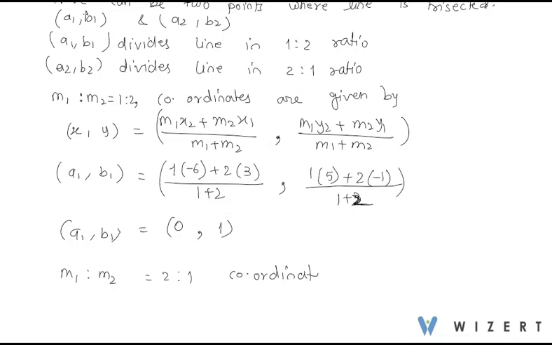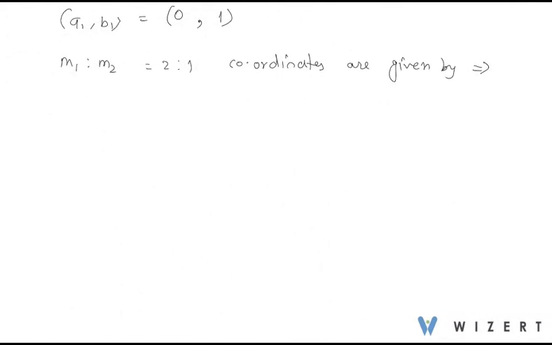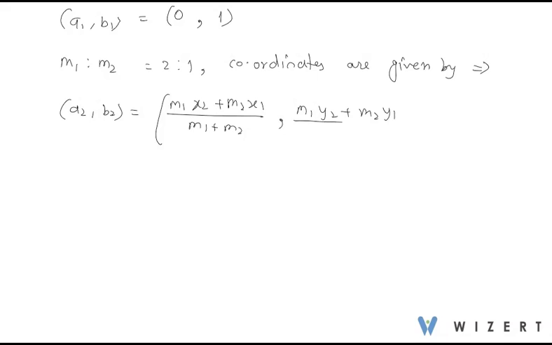Coordinates are given by, let's see, here it will be (A2, B2) equal to (m1 x2 plus m2 x1) divided by (m1 plus m2), comma, (m1 y2 plus m2 y1) divided by (m1 plus m2).